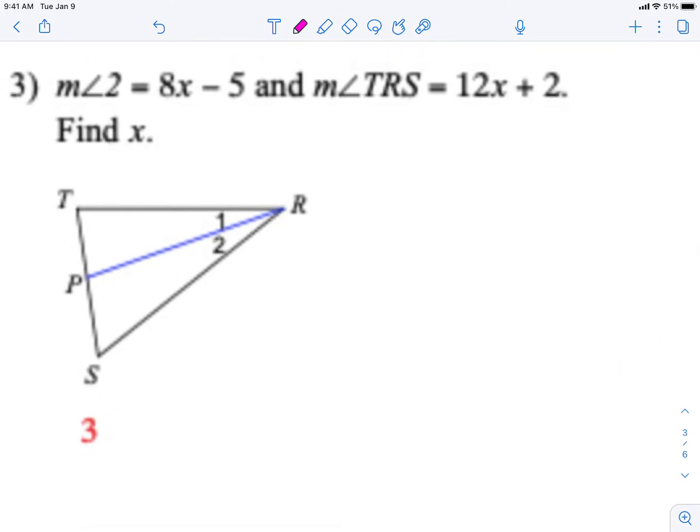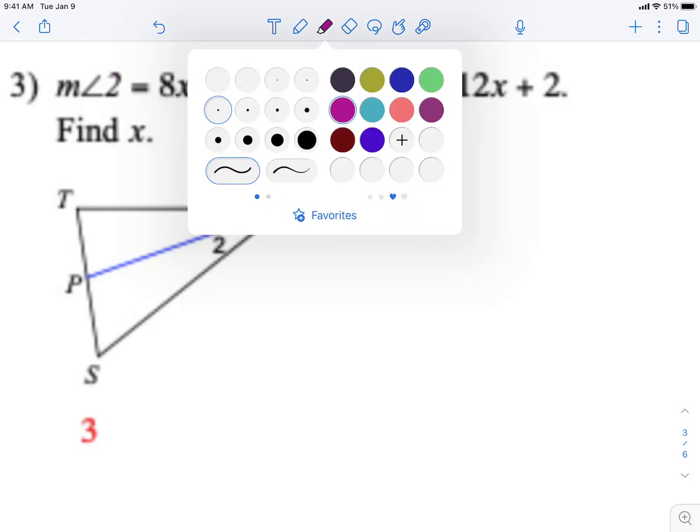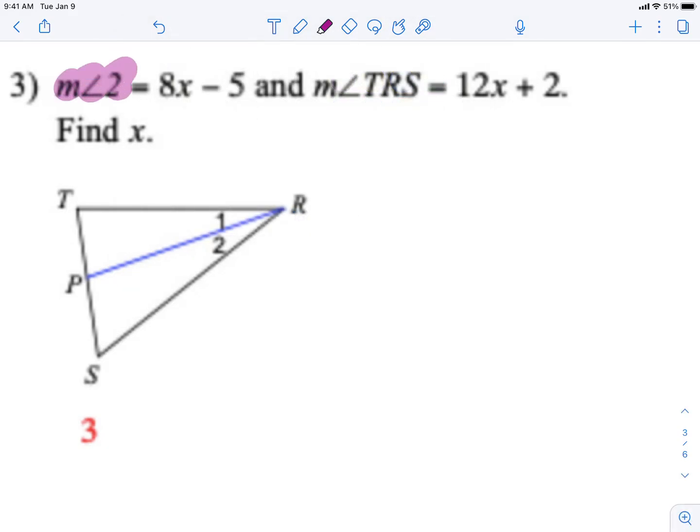So here, what does it say here? It says angle 2 is 8x minus 5. Angle TRS is equal to 12x plus 2.